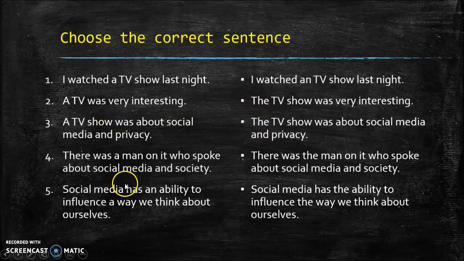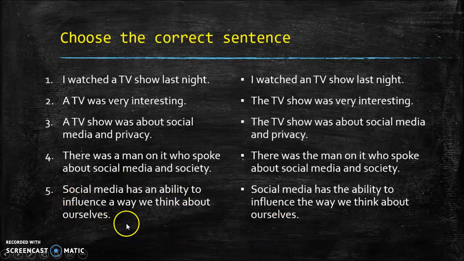Number four, there was a man on it who spoke about social media and society, not the man on it. Okay. And I had some students questioning this, and because, if you imagine that this was a paragraph, we haven't mentioned the man before, so we don't say the man. Number five, social media has the ability to influence the way we think about ourselves.